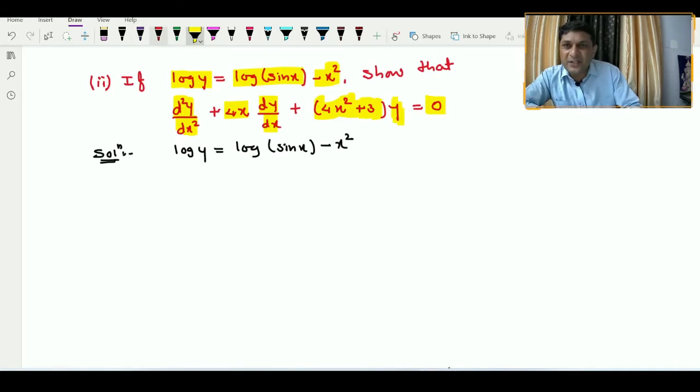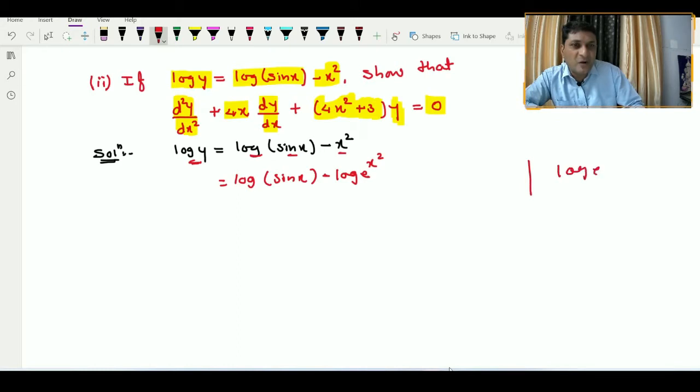The given function is log y is equal to log sin x minus x square, means two terms are of logarithm, and in our required result logarithm does not appear, so we are trying to eliminate the log. तो दो term तो log के है, तो x square में log exist करने के लिए हम log भी ले रहे, parallelly exponent भी ले रहे, so that we know that log and exponent will get eliminated.